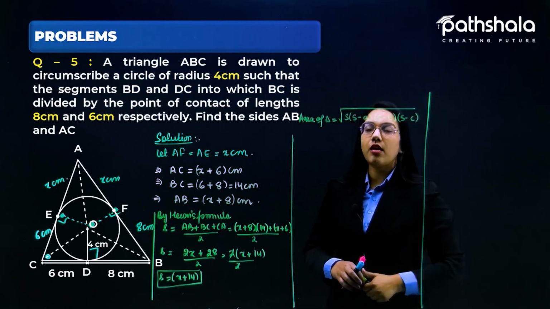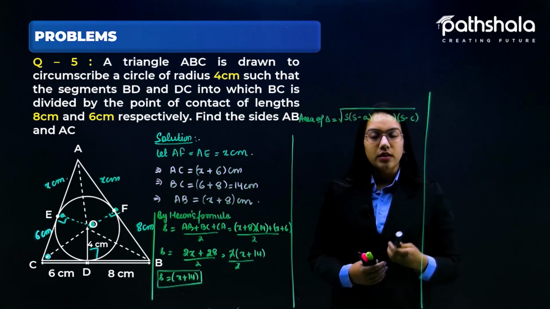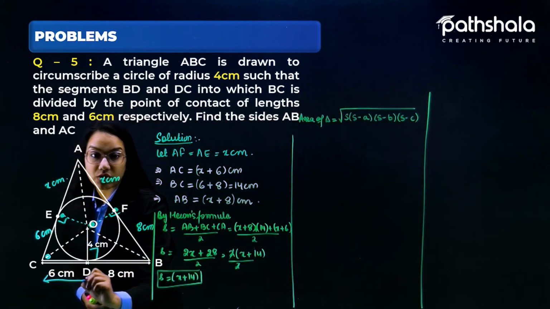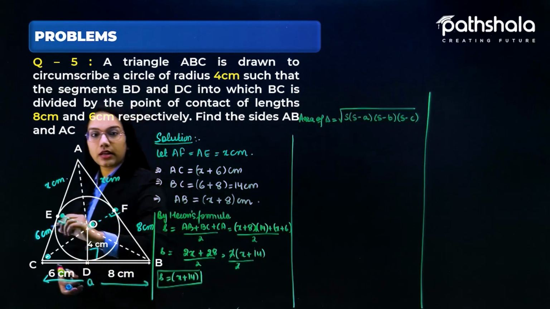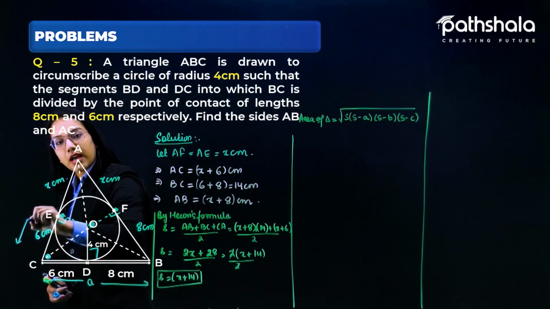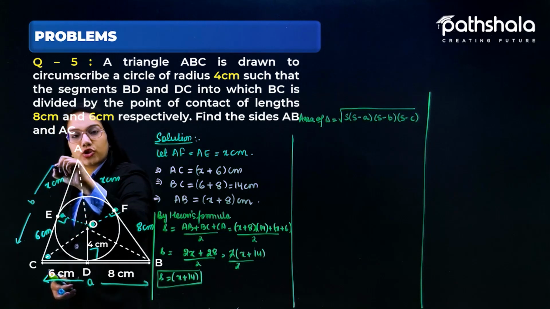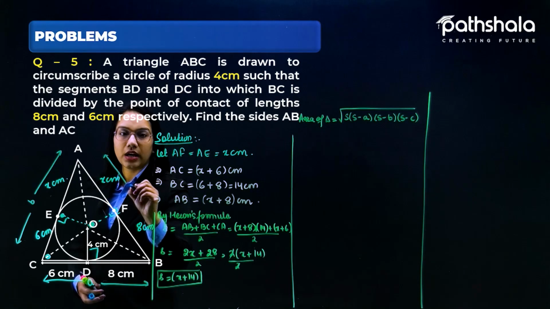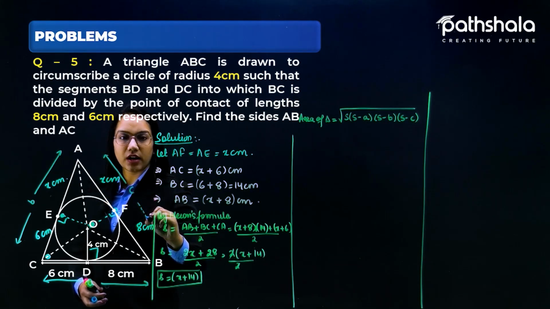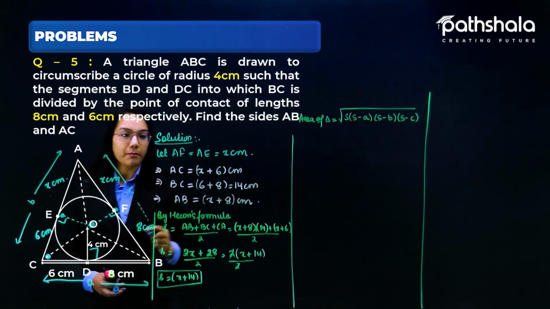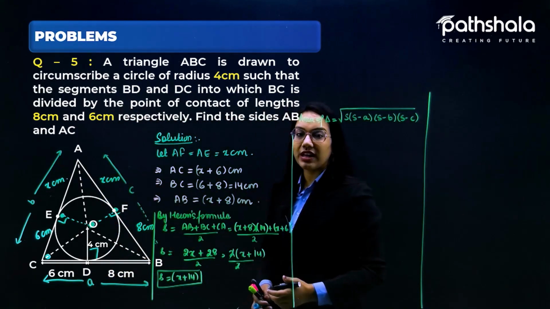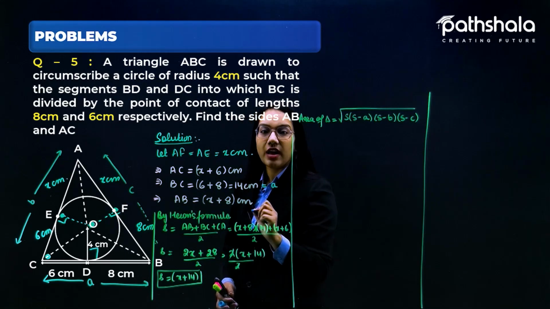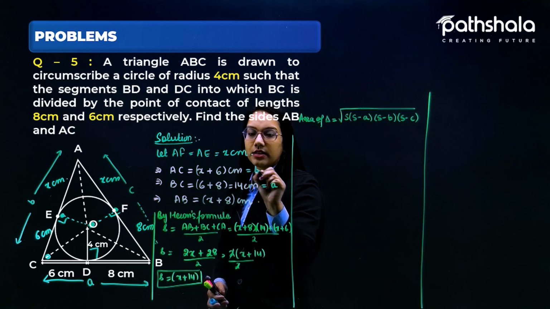Let us suppose I'm taking this particular side as A, this is my B, because B is the side opposite to the vertex B, and let us suppose I'm taking this side as C. So I'm taking the BC side as my A, AC as my B, and this is my C.